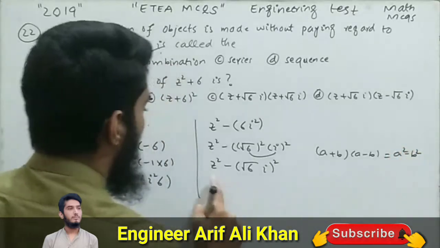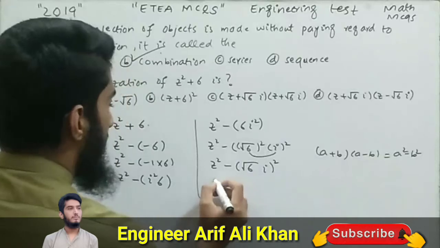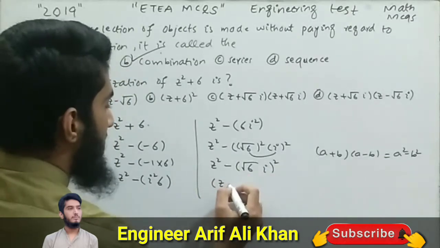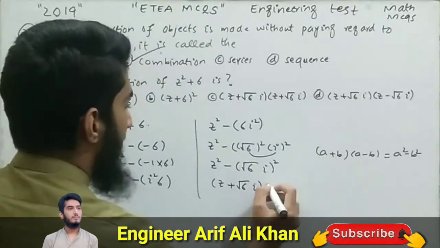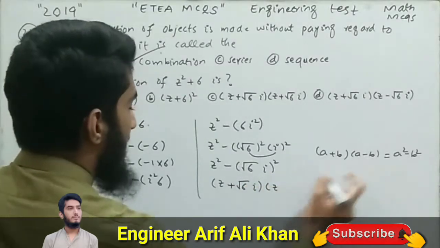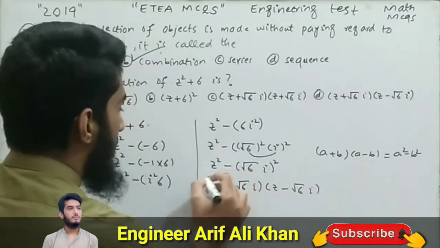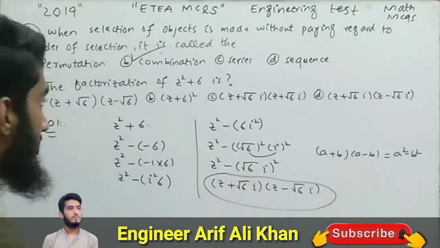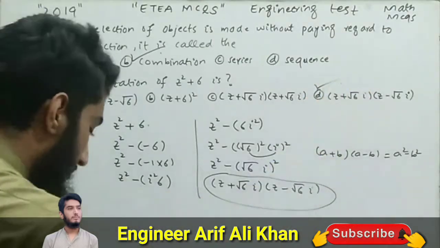Using this formula, our a is z and b is under root 6 iota. So putting over here the values, a plus b is z plus under root 6 iota. After this, a minus b is z minus under root 6 iota. This is actually the required factorized form for the given question. So the correct option for this MCQ is option D.